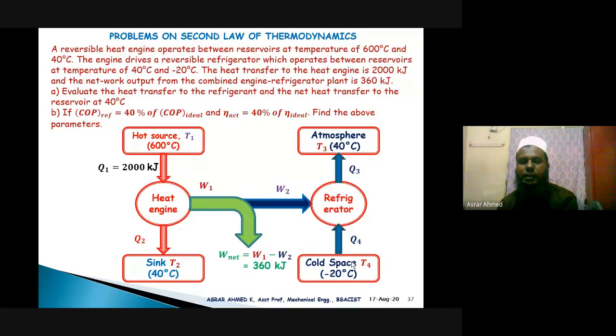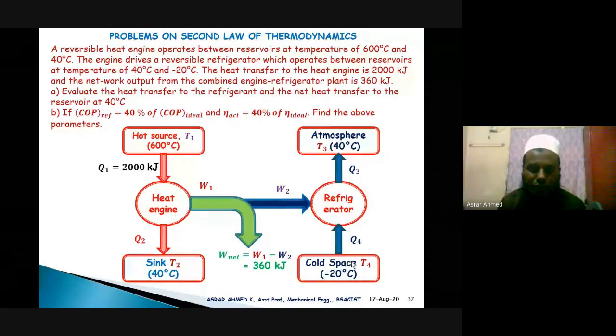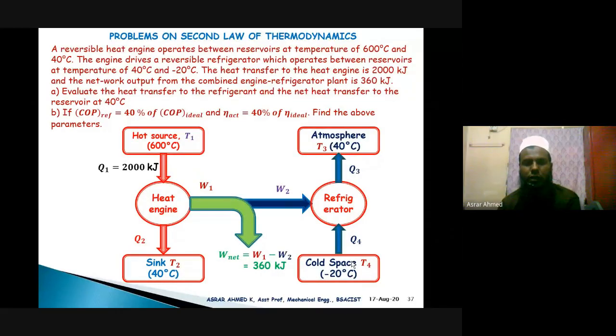And the gas, they say the gas inside the refrigerator. In the local term we used to call that as gas. All the mechanics of refrigerator, they will be calling it as gas. So that gas will become hot by cooling this cold space. That gas will become hot. Or in other words, we could say that all the heat from the cold space is being taken by the refrigerant which is flowing inside the refrigerator.